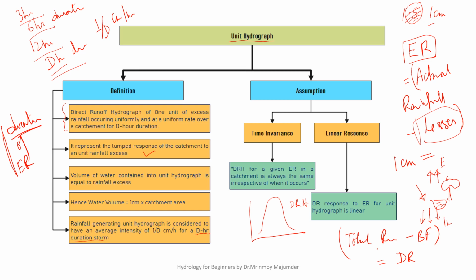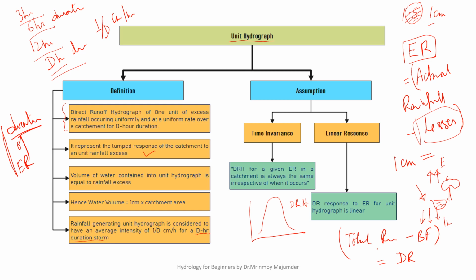Because first thing is that in actual cases, rainfall cannot take place uniformly over a watershed. In some part of the watershed, there will be more rainfall compared to some other part. And the rate also varies throughout the watershed. So this is also a very large assumption. That is why they say it is a lumped response.